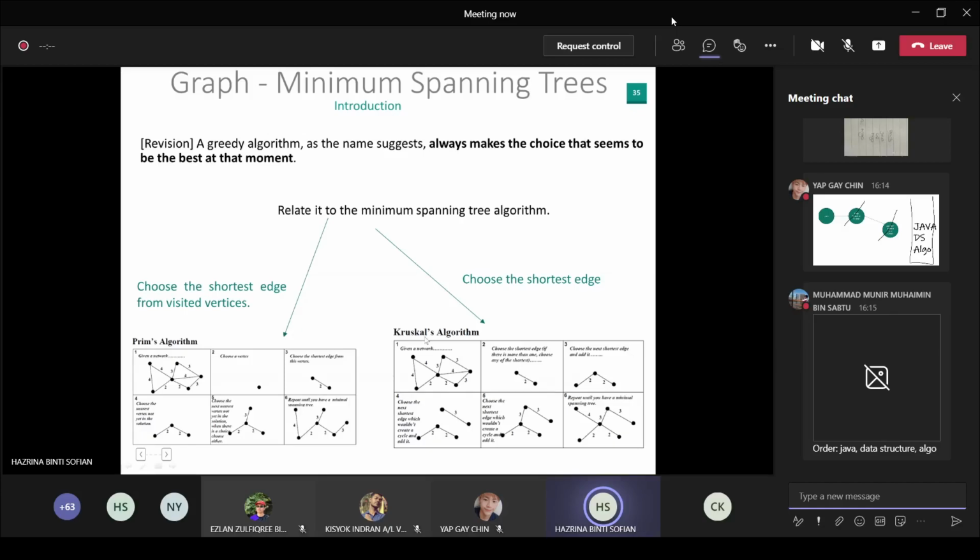Unlike Kruskal, which to me is quite simple. We just choose the shortest edge. Whichever is the shortest, we will choose that. So if we look at this, it is a greedy strategy in graph theory. MST adopts greedy, but just for the minimization problem.